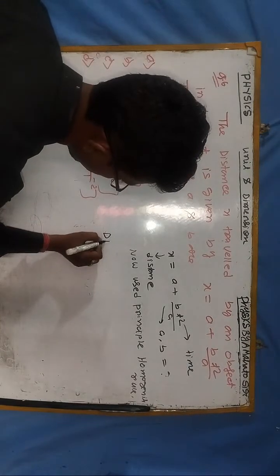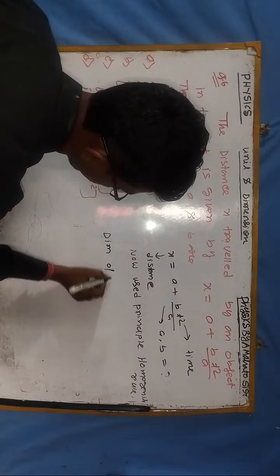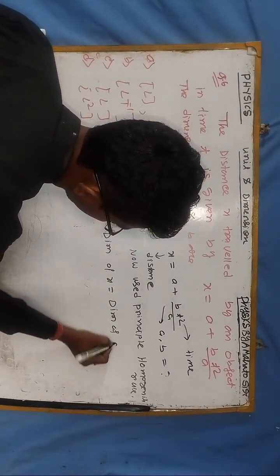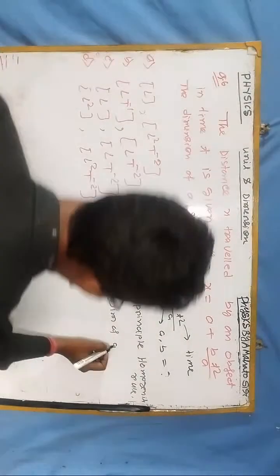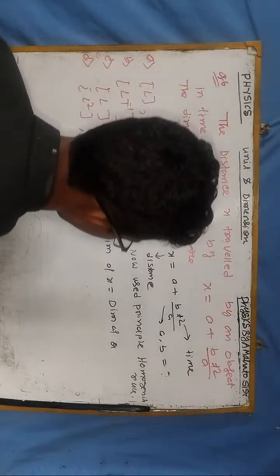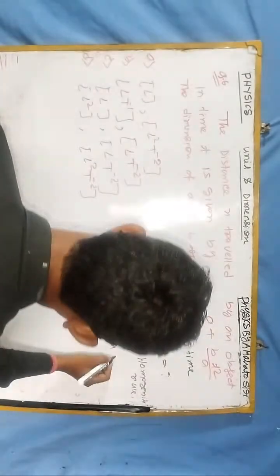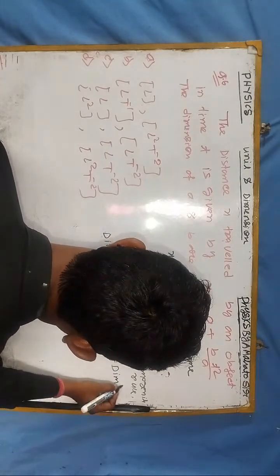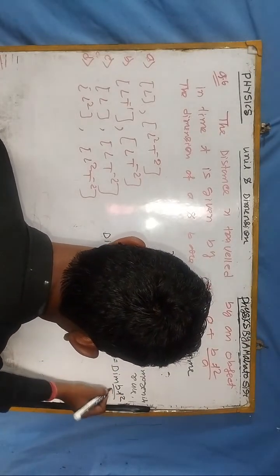Dimension of x equal to dimension of a, equal to dimension of b t square by a.